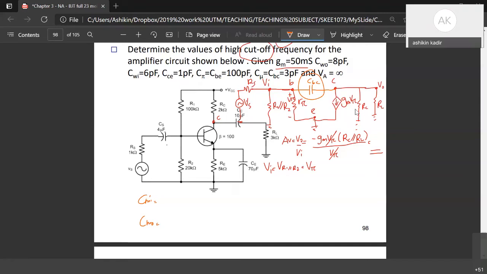C Miller input equals CBC times (1 minus AV), and C Miller output equals CBC times (AV minus 1) divided by AV. So CBC is 3 pico. 1 minus AV: AV is minus 60.